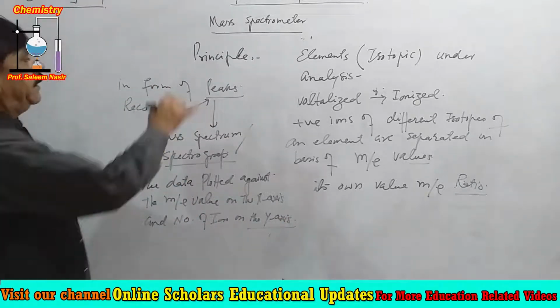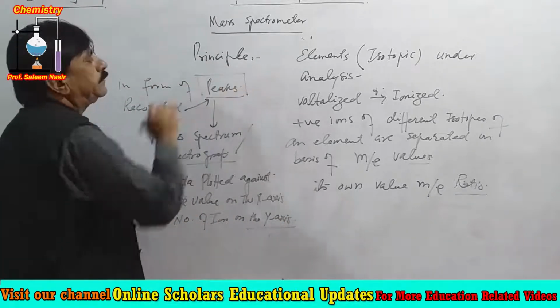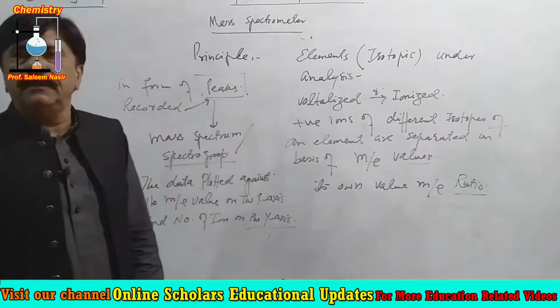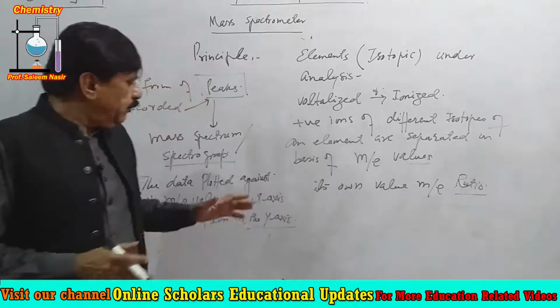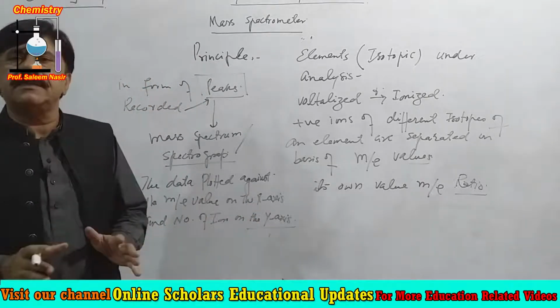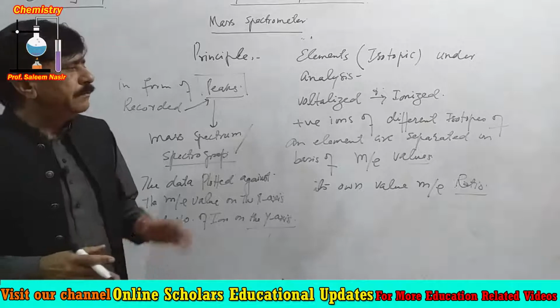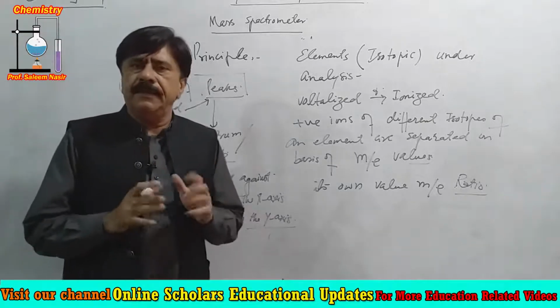So the extent of the peaks indicates the relative abundance of the isotopes, and on the y-axis we can measure the number of ions present in that element.